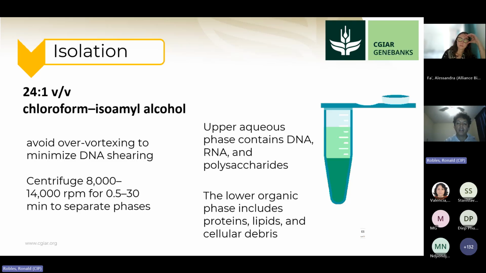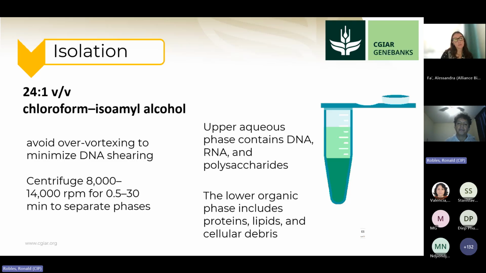Because of their higher weight, after a cycle of centrifugation, the DNA will appear in the upper phase in combination with the CTAB at this moment, and the chloroform will bind to other organic compounds and will appear in the lower phase.